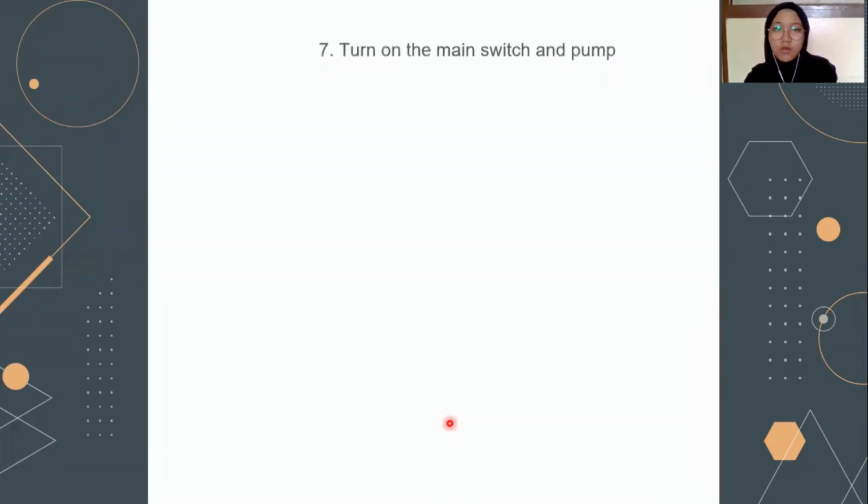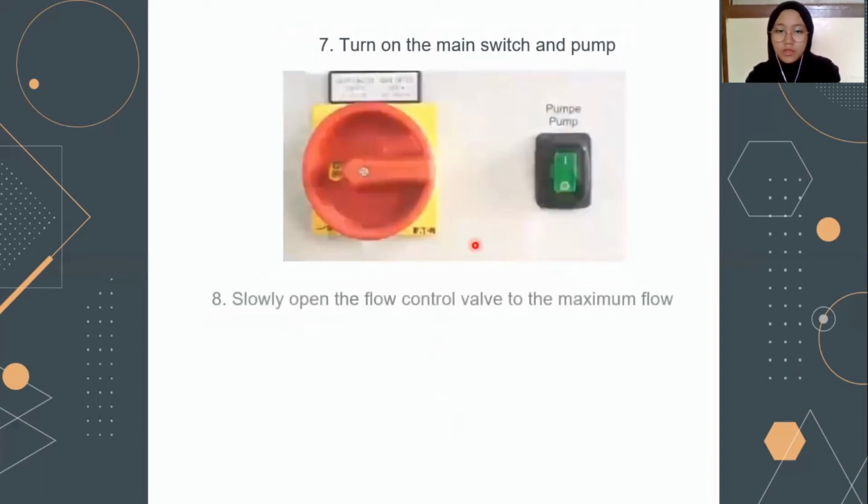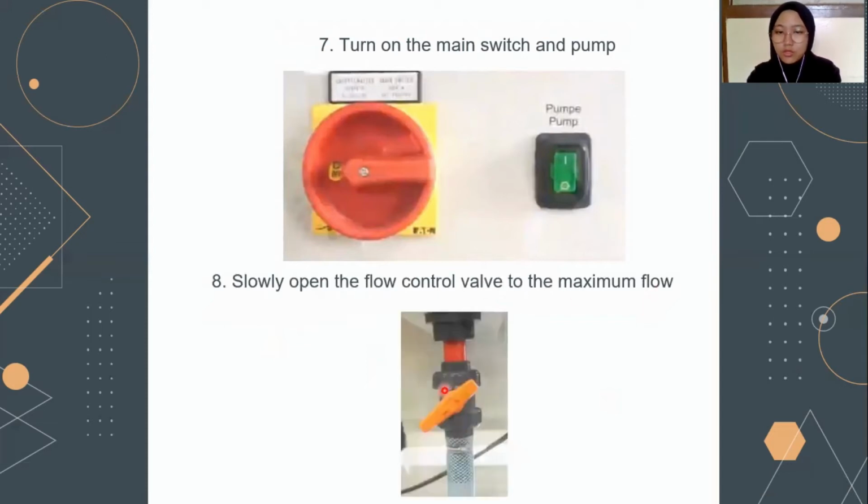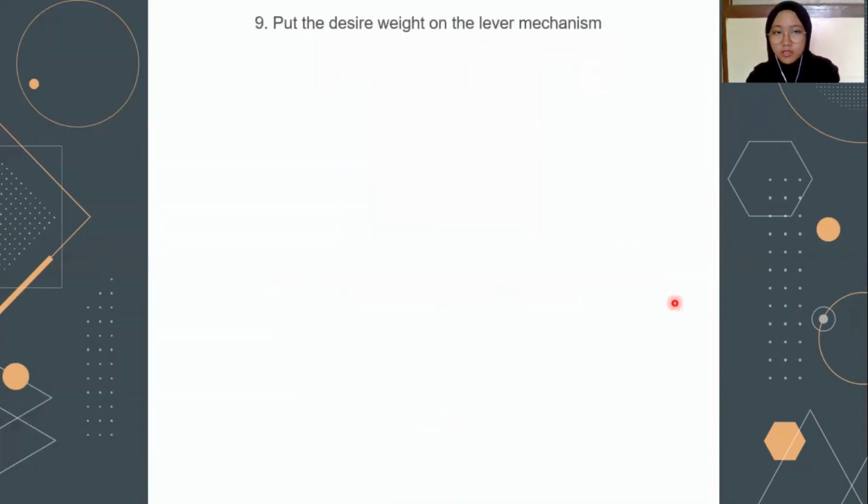After that, we are going to turn on the main switch and pump. And then slowly open the flow control valve to the maximum flow. So rotate this orange part here until the control valve is at the maximum flow. And for step number 9, put the desired weight on the lever mechanism.